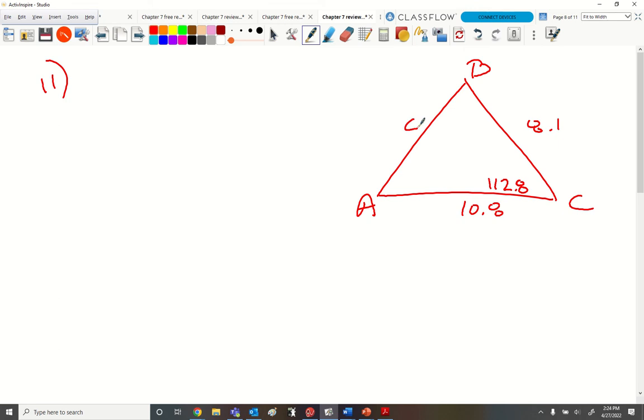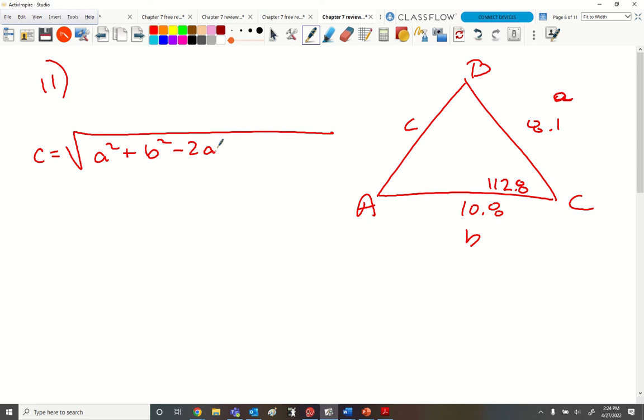Because in the formula for little c, there's my little a, there's little b. Because for anything else you need another angle. Yep. So since I know angle C, little c is equal to the square root of a squared plus b squared minus 2ab cosine of big C. Right?